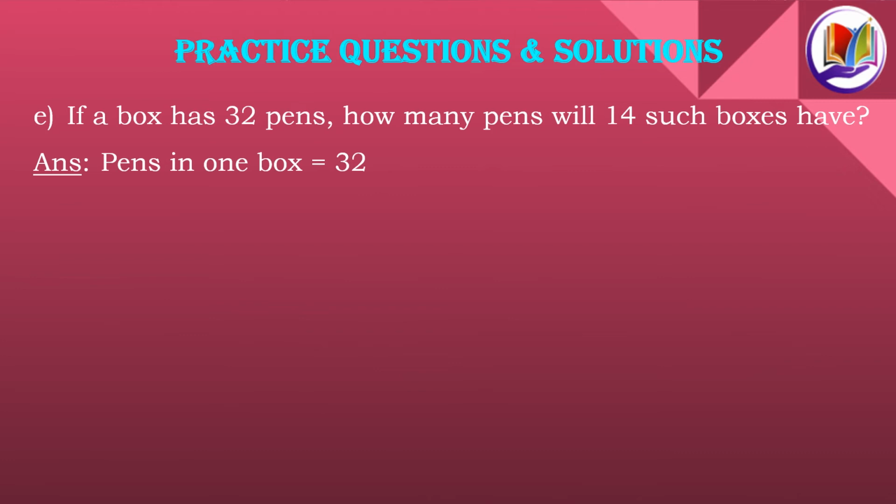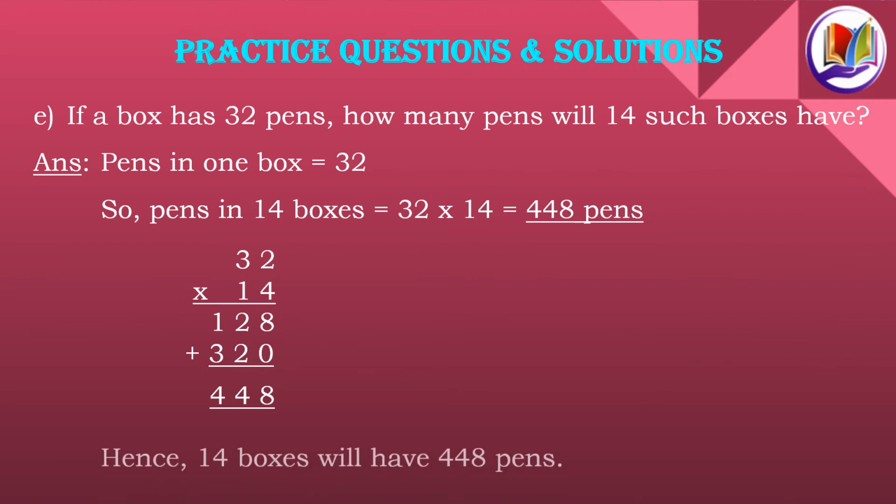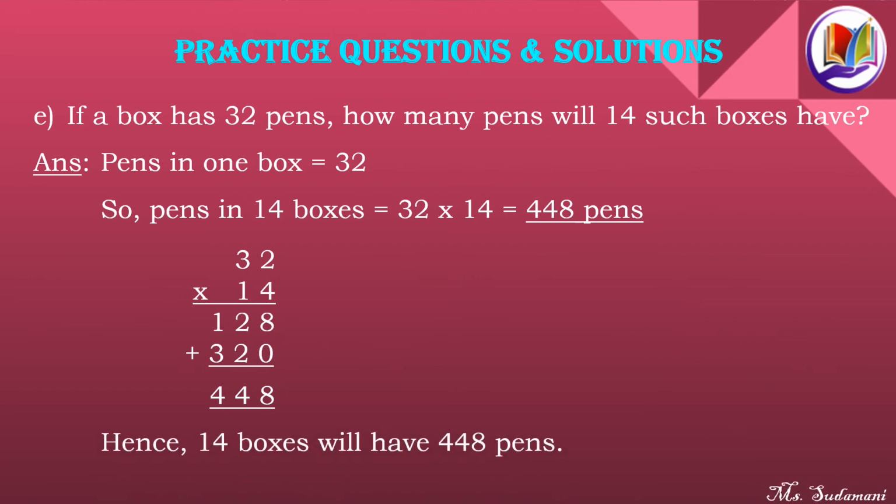So pens in one box is equal to 32. Pens in 14 boxes equal to 32 multiplied by 14. That is 448 pens. I have done the multiplication for you here. You can calculate and check your answer. Hence 14 boxes will have 448 pens.